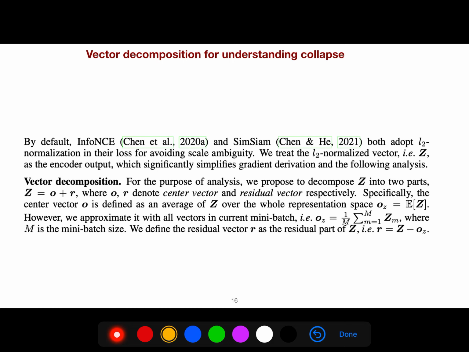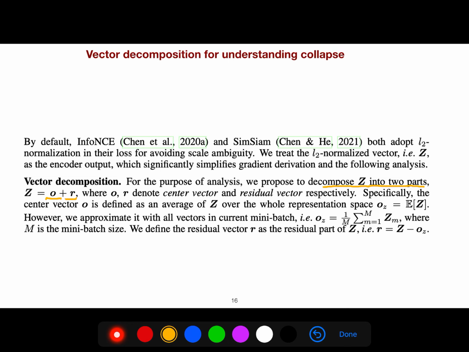So we do vector decomposition to understand this collapse. We decompose it into two parts, the center vector and the residual vector respectively. The center vector is defined as the average of Z over the whole representation space.